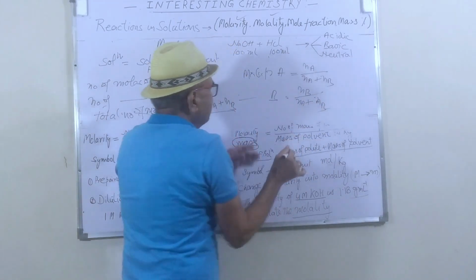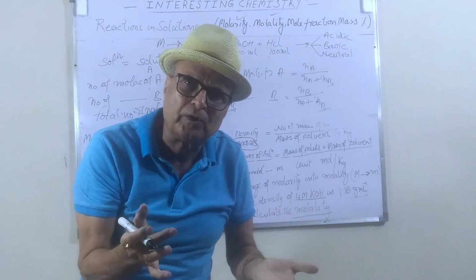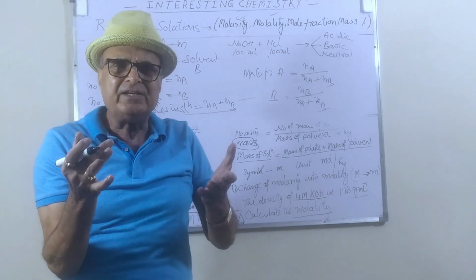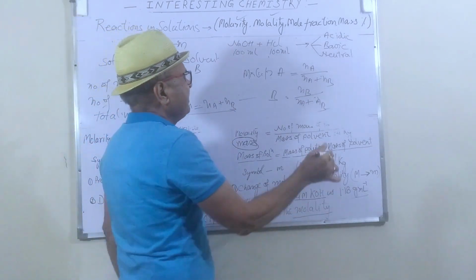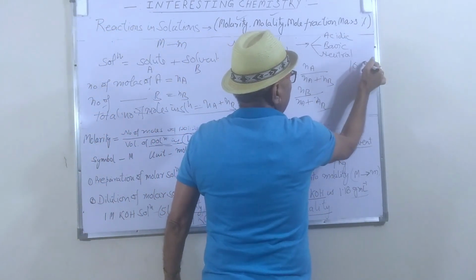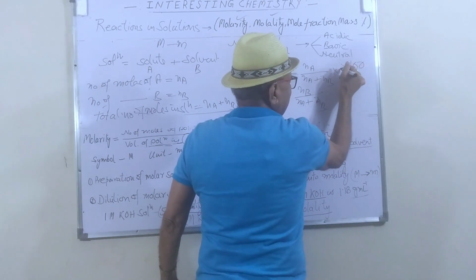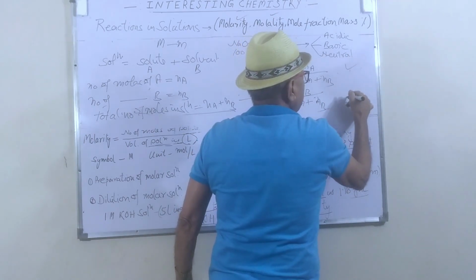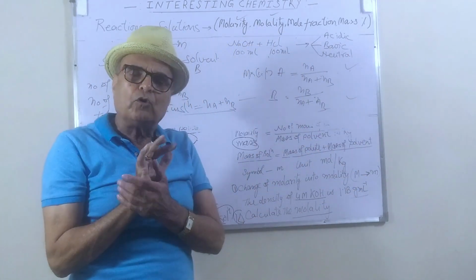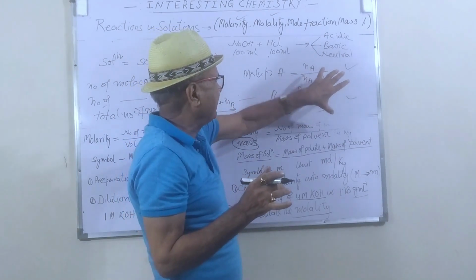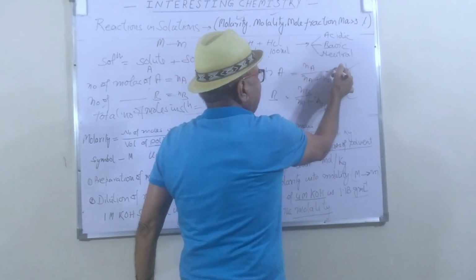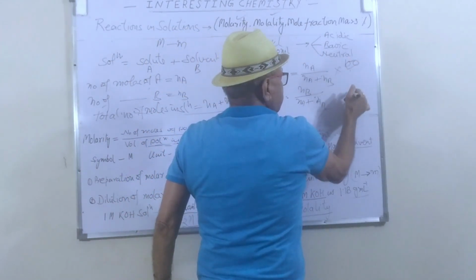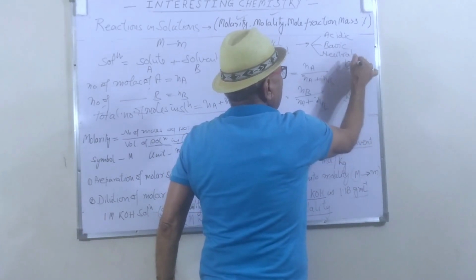Generally it is calculated in percentage, so you can multiply this formula by 100, and that will be the percentage of mole fraction.